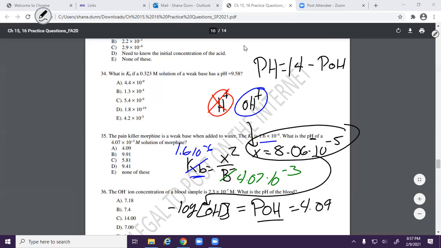We already have pOH. Yeah, B is correct. The pH is 9.91.